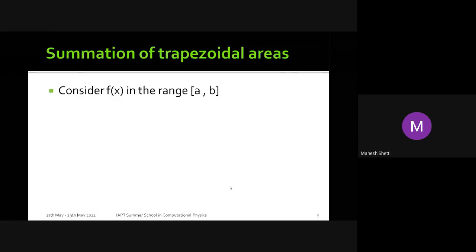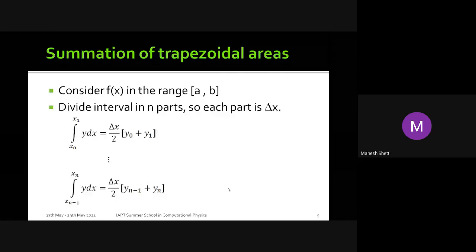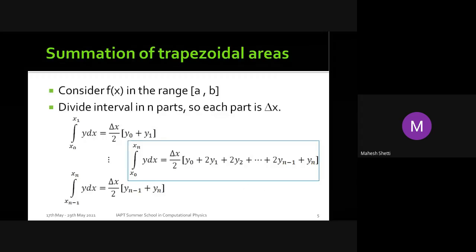I'm stopping the Excel presentation. I'm going to present this PowerPoint slide where I had written the formula. So I hope you can see the formula.